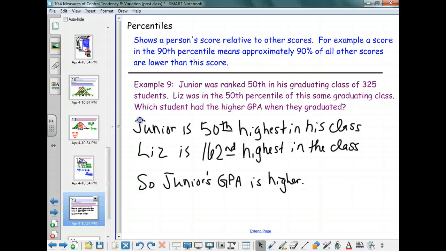What do you think, 275? Yes. 84%, 84.6. Okay, 84, almost 85%. Almost 85% of the class has a lower GPA than Junior, but only 50% of the class has a lower GPA than Liz. So you could convert them into percentiles to think about that as well. Okay, does that make sense? All right.